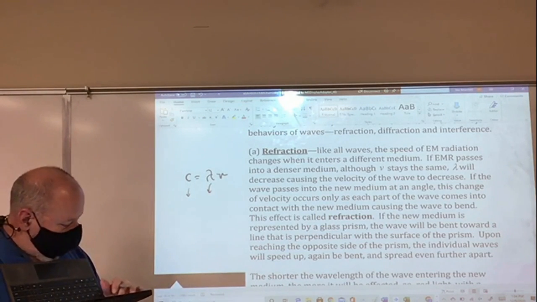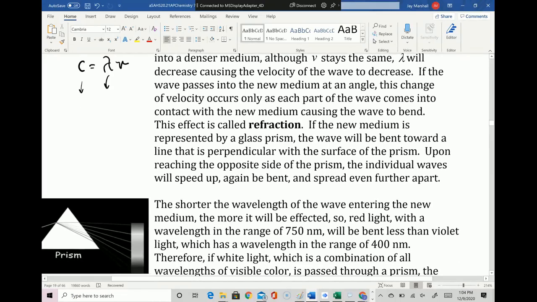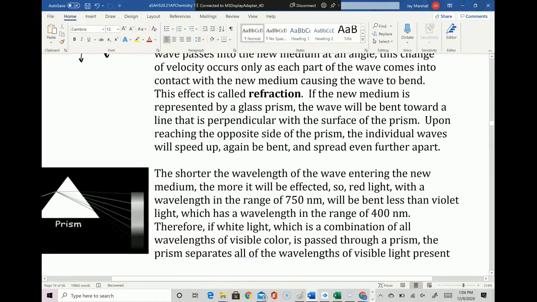So when I have a wave that comes into contact with a new medium, and I've got an electromagnetic wave here coming into contact with the glass of a prism, and if it comes into contact with it at an angle like it is here, the first part of the wave, we have something called a wave front.